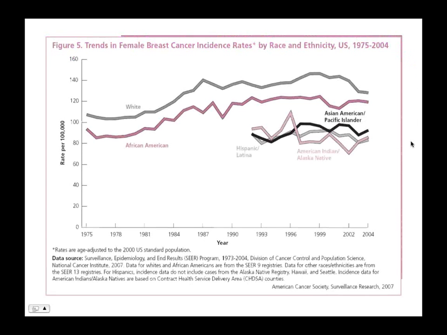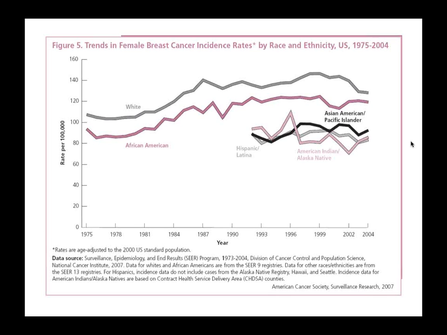So when you look at these data and start to dissect it a little bit more, again, just an example with breast cancer, what we clearly know from these data is that breast cancer incidence does vary by race and ethnicity. So there are different risks depending on the racial and ethnic group of the woman.